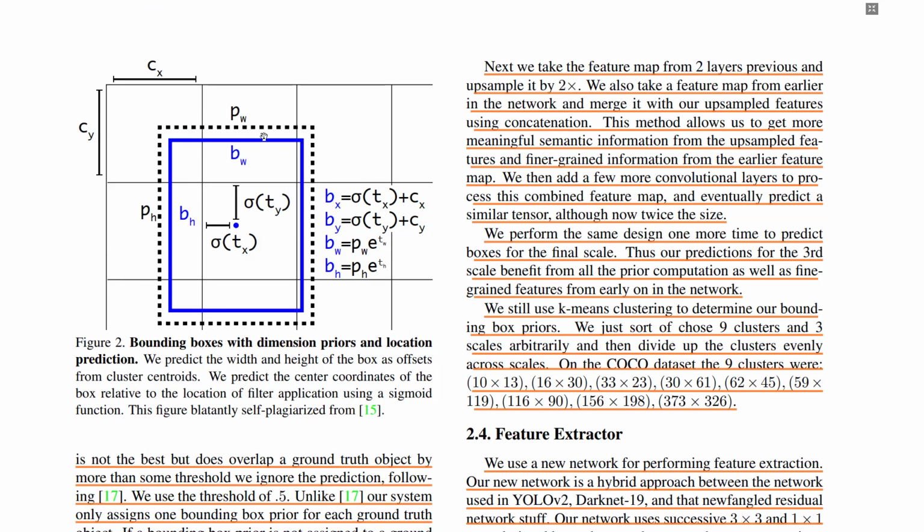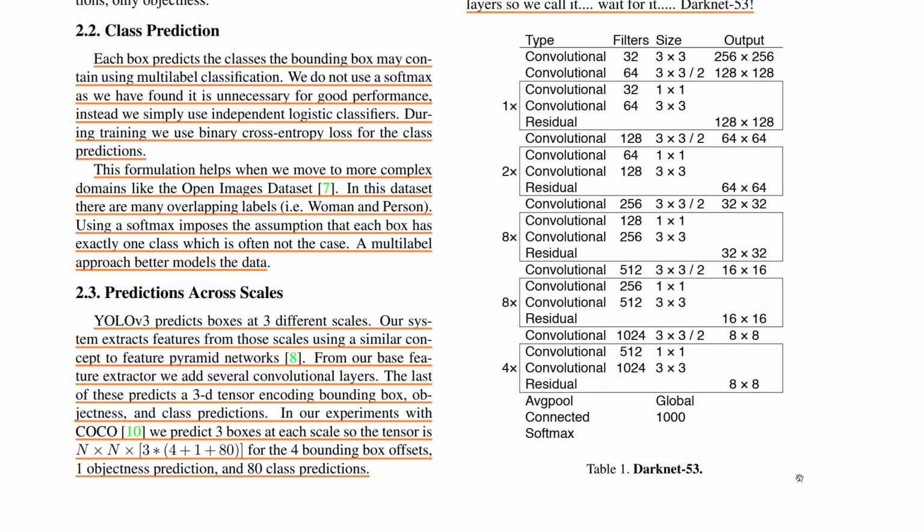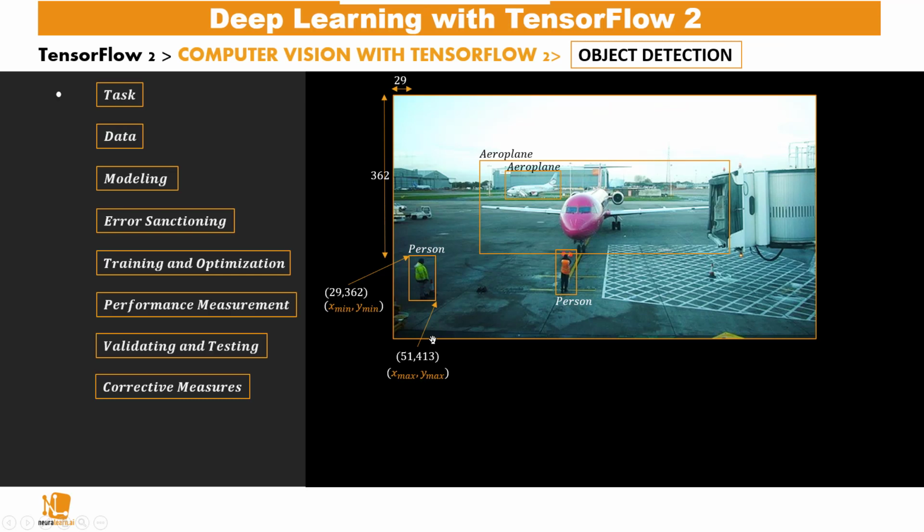We have the usage of anchor boxes and predictions across different scales. To understand the reason for predictions across different scales, let's take this input image right here. As you could see, some of those objects are quite small compared to the others, and so using the same grid size in detecting the bigger objects and the smaller objects isn't a great idea.